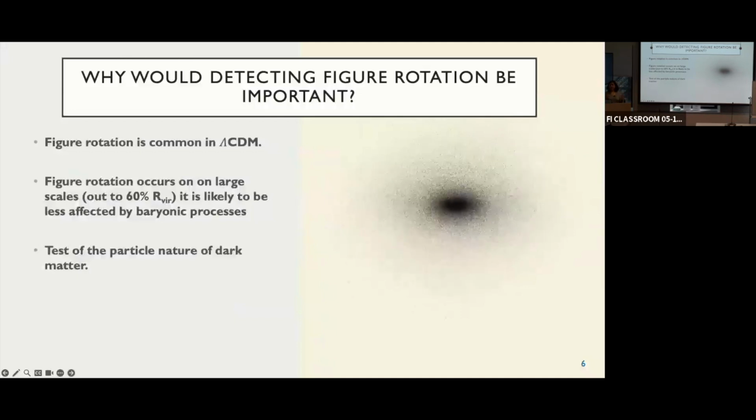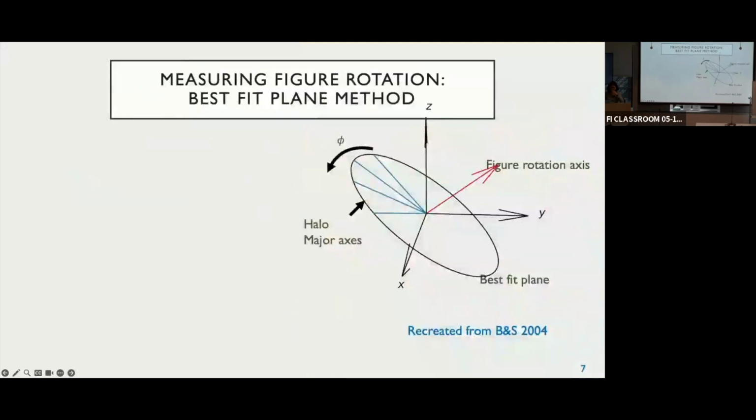That tells you it's not just some variation in something like MOND, where there might be time-dependent variations, but those can all be attributed to baryonic processes. Okay, so that's why we think it's important. It's a dynamical probe of dark matter.